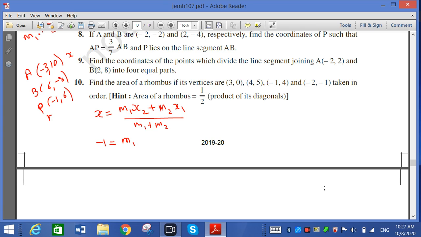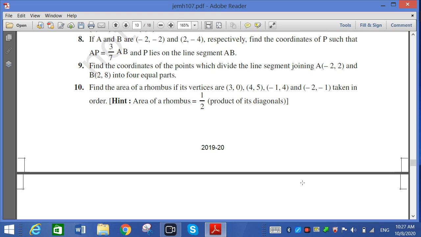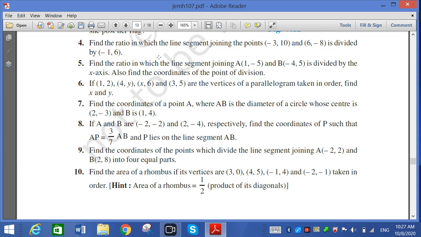You can find it in both ways. We can also find the same ratio by using the y coordinate. So m1 ratio m2 is equal to 2 ratio 7.